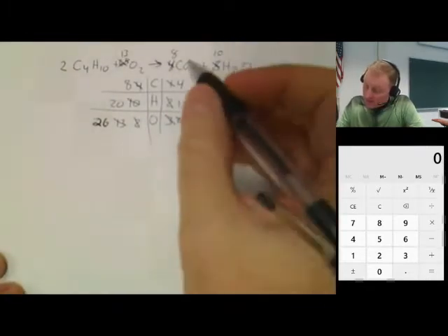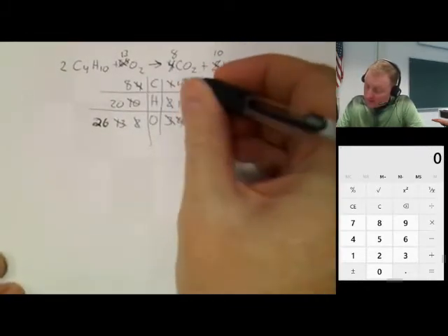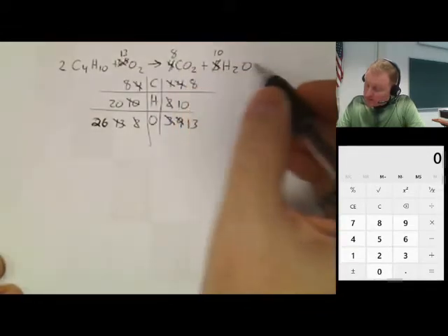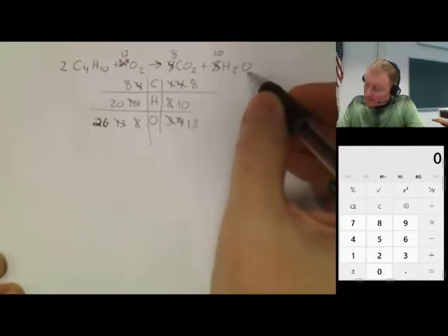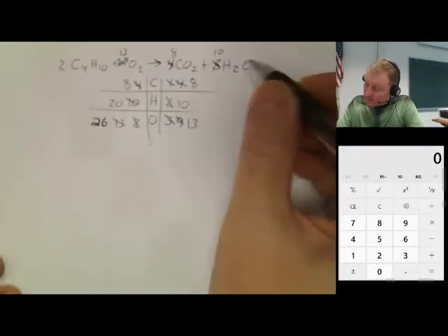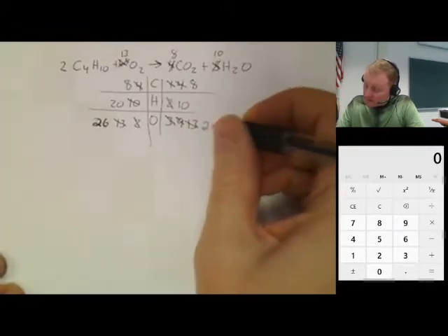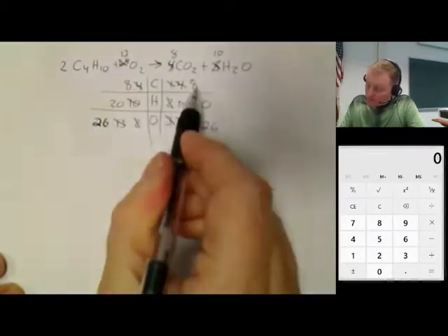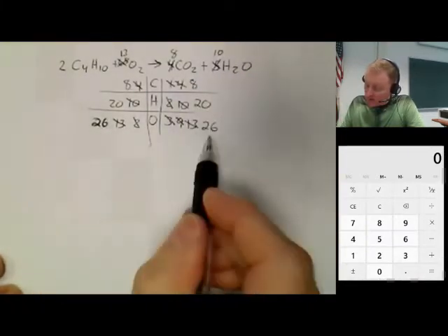On the other side, I've got 8 carbons. I have 16 oxygens here, and I got 16 oxygens here and another 10, so that's 26 oxygens. And hydrogens, I've got 20. So carbons match, hydrogens match, oxygens match.